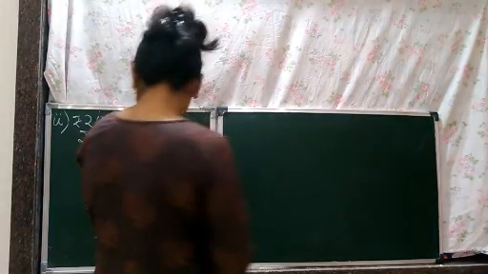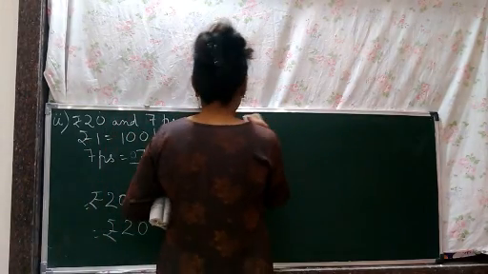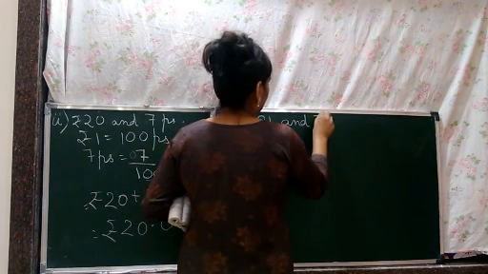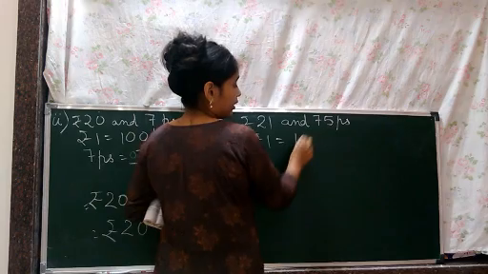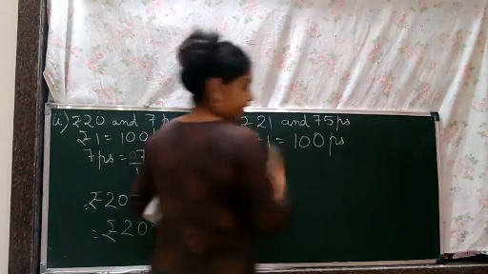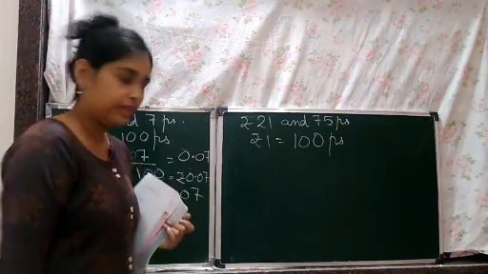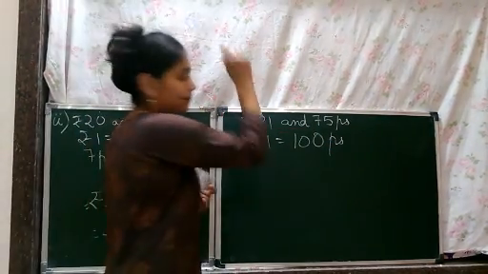Second part is 21 rupees and 75 pies. We all know 1 rupee is equal to 100 pies. Once again, conversion in decimal. So that means small unit will be converted to bigger unit.